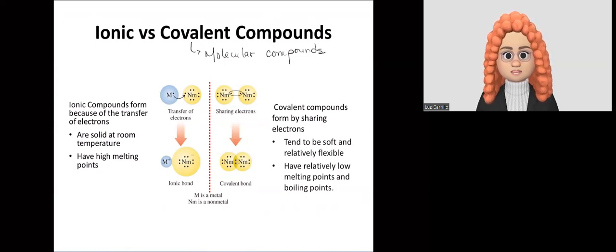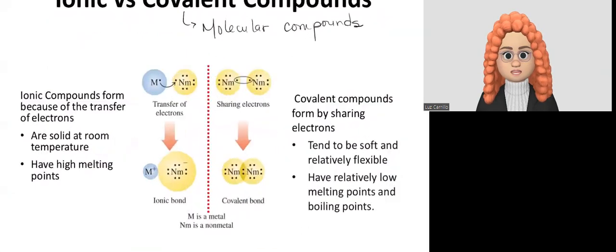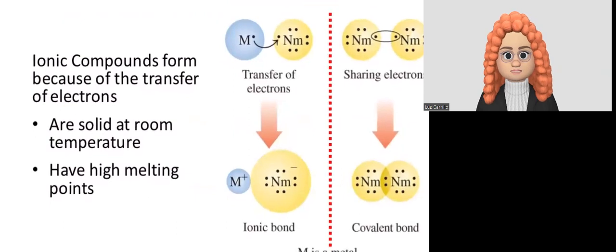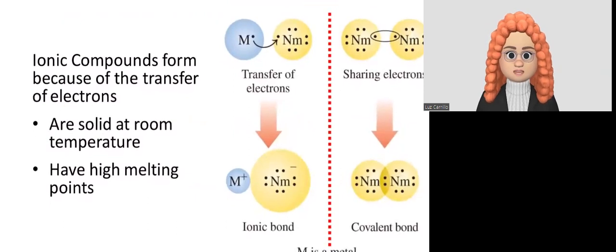First, I'm going to illustrate how we know whether we have an ionic compound versus a covalent compound by utilizing the following figure. I'm going to focus on the left side of that red dotted line to look at ionic compounds. Ionic compounds are formed because of the transfer of electrons between two atoms.